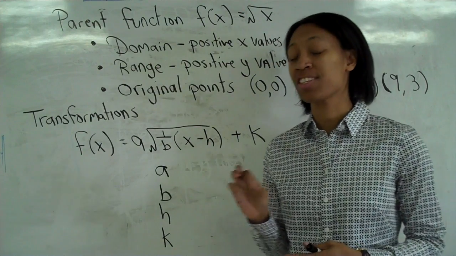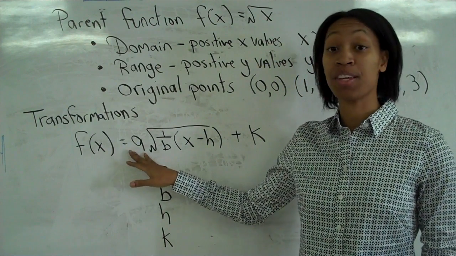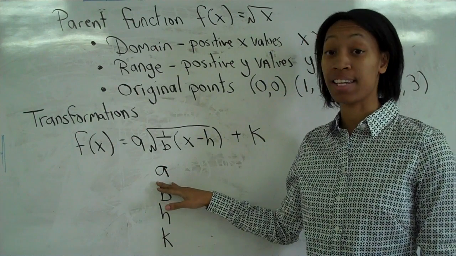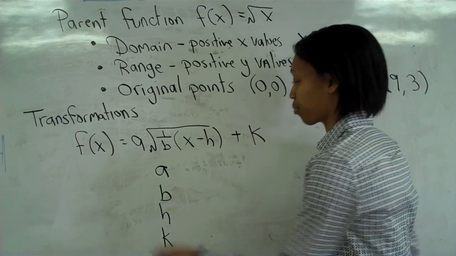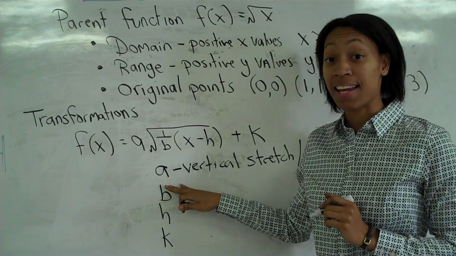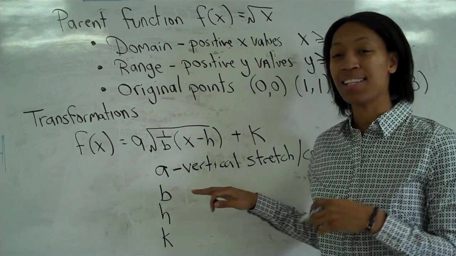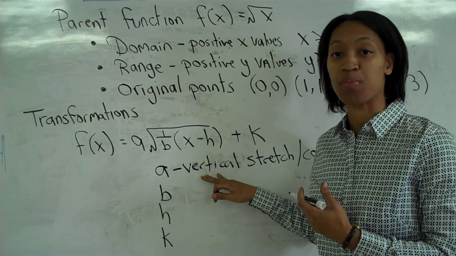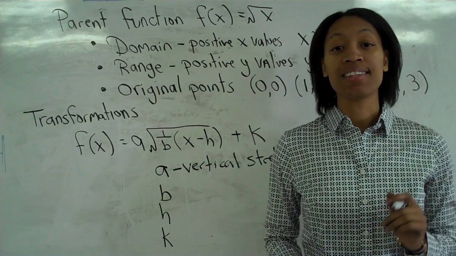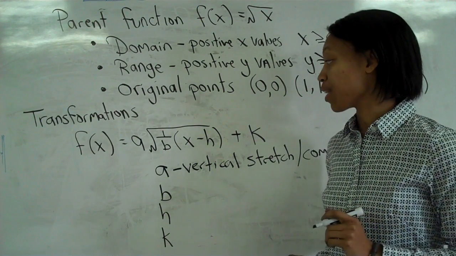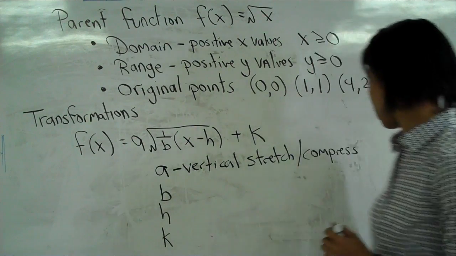They are pretty much the same as the quadratics. For example, the a in front is the vertical stretch or compression. So the a is going to affect the vertical, y, it's going to multiply the y value by something. The b does the same thing for the x values, so the b is a horizontal stretch or compression.